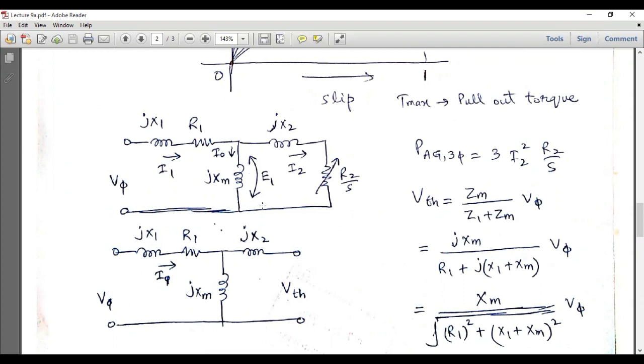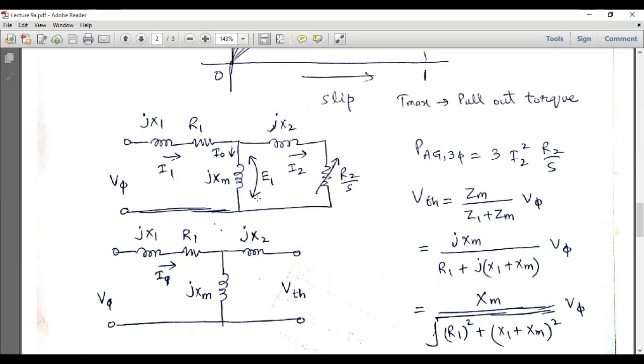So now we have to calculate the converted power and the power in the air gap to calculate the induced torque across the induction motor, and for that purpose we have to draw the Thevenin equivalent circuit of this induction motor.